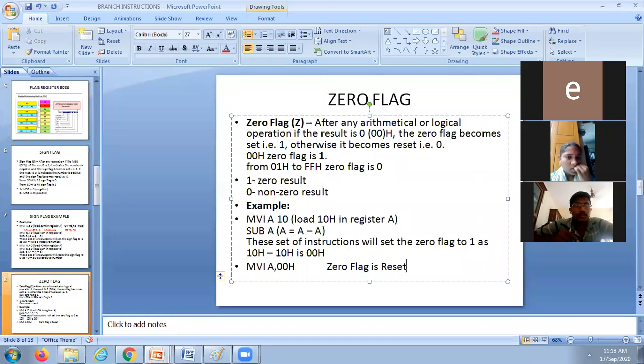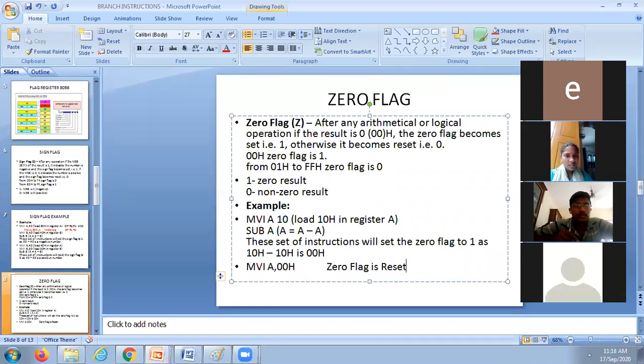Say anything, no problem. Even if it is right or wrong, no problem, I will correct it. MVI is an arithmetic operation, yes or no? Yes, sir. What are the arithmetic operations? Multiplication, division, addition, and subtraction. Yes: add, sub, mul, div.